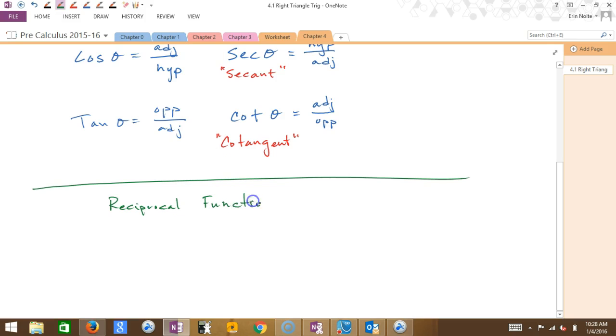So the reciprocal of sine is 1 over cosecant. So therefore cosecant, I have a hard time saying cosecant, it doesn't feel natural to write. So what is cosecant equal to? 1 over sine, good.